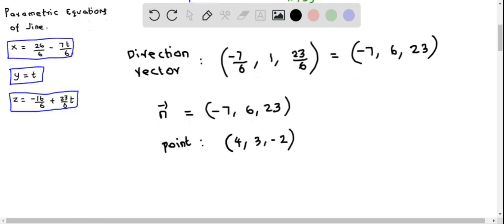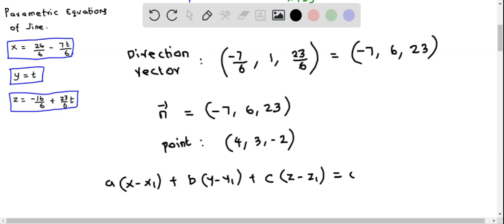We can utilize this formula, that is a times of x minus x1 plus b times of y minus y1 plus c times of z minus z1. This equals 0.